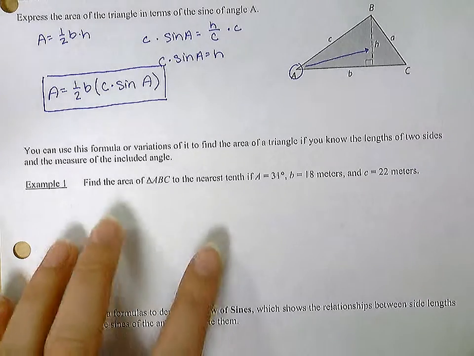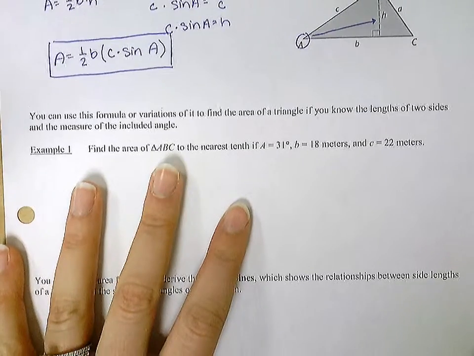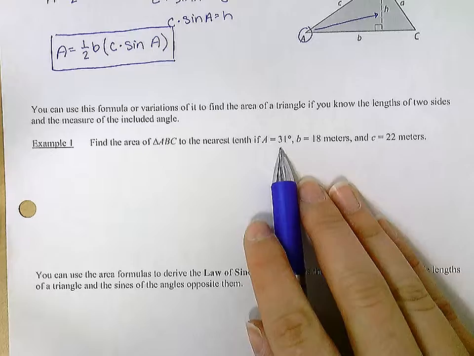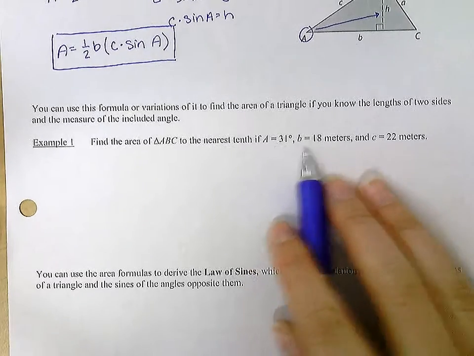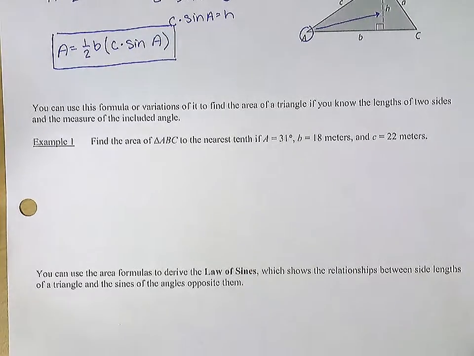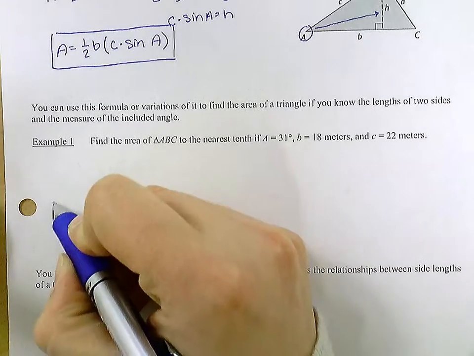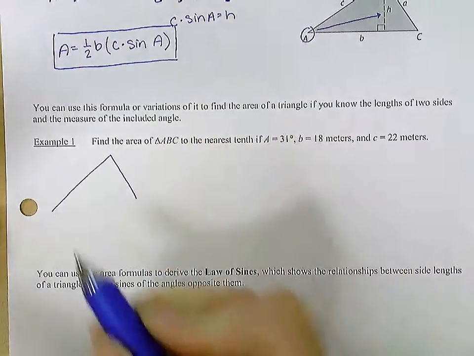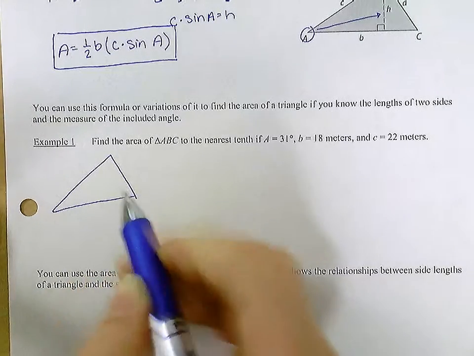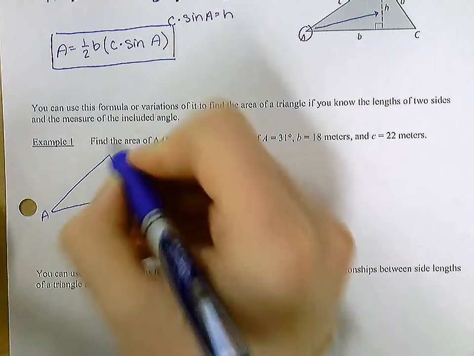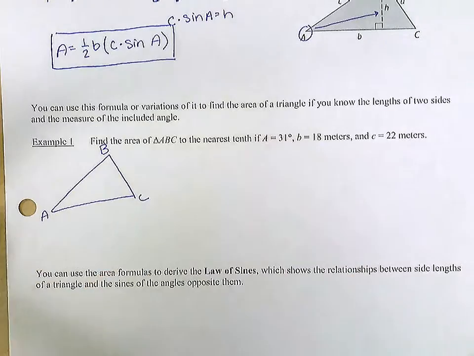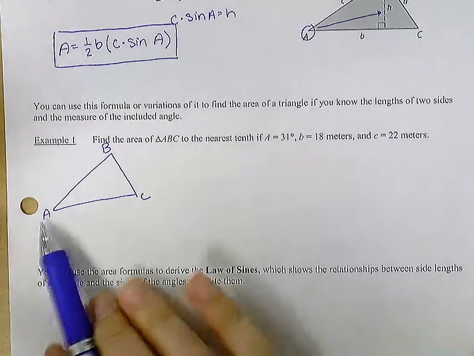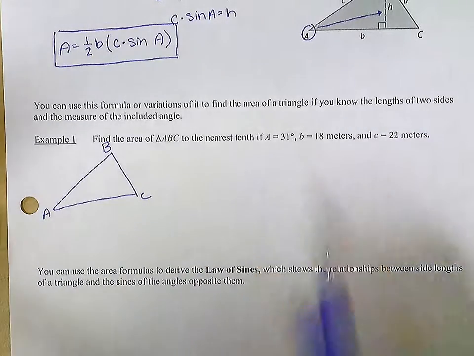Okay, so in example 1, we want to find the area of triangle ABC to the nearest tenth if angle A is 31 degrees, b is 18, and c is 22. So if I draw out this triangle, ABC, angle A is 31 degrees.